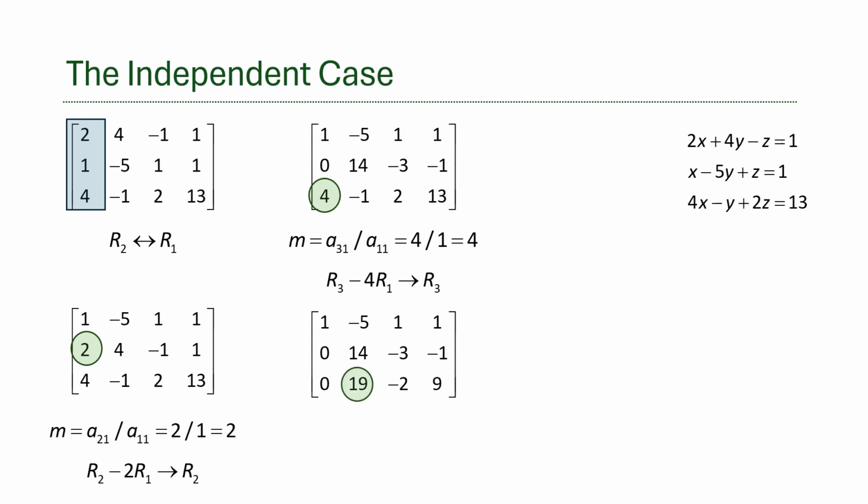Okay, now I want to eliminate everything under the 2,2 position, and there's only one number. I've got to get rid of that 19, and now our choice back up at the first operation is going to come back to bite us a little bit. Now my multiplier is going to be this somewhat unpleasant fraction. It's A32 divided by A22, the number in the pivot column, right? That's the 14, the pivot position.